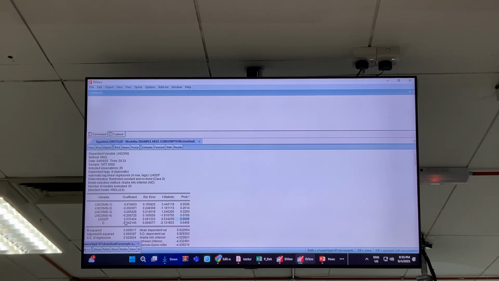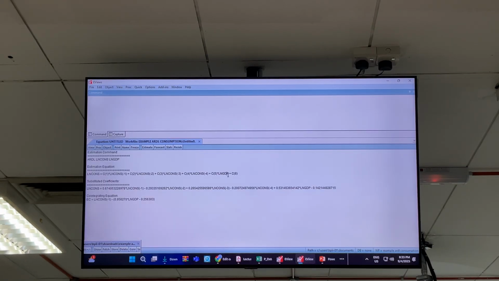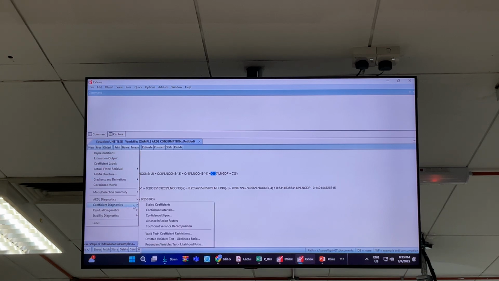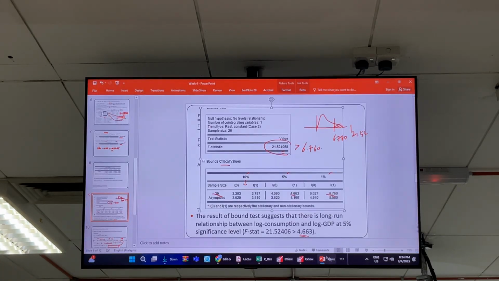So you can use a Wald test. How can I use a Wald test? Here is C5. Go to View, then Coefficient Diagnostics, choose Wald Test.